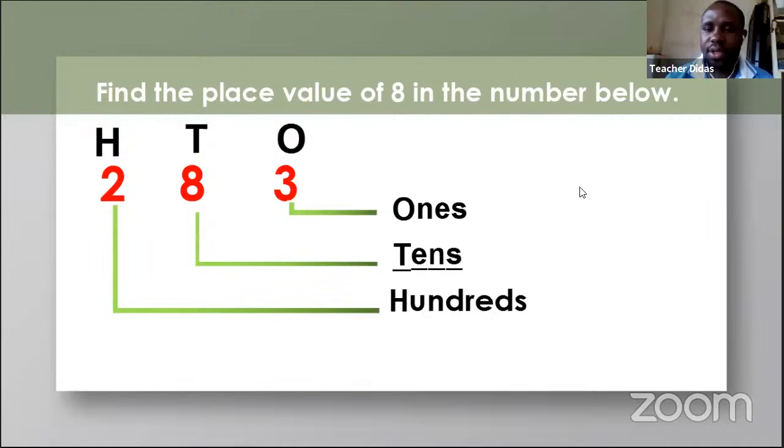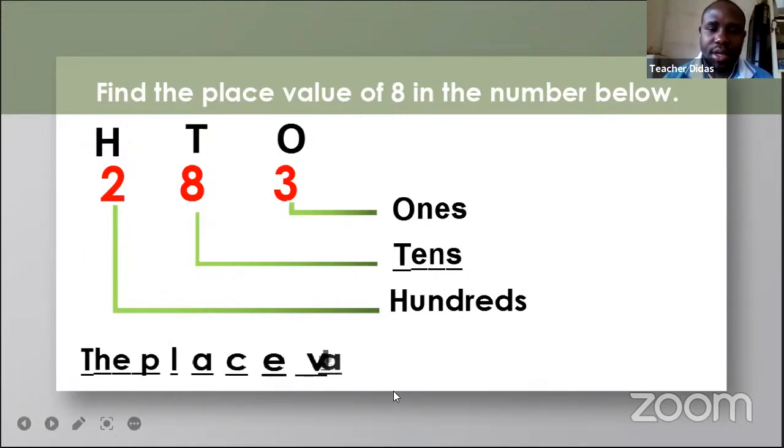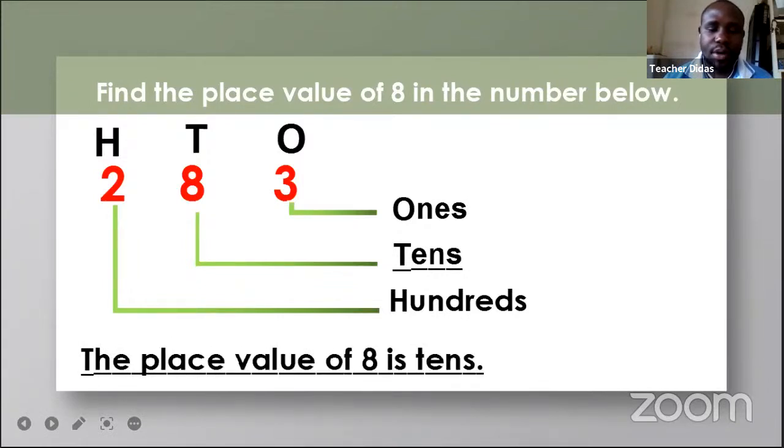Remember, I've said once you do like this, then you will not get the mark for your answer. You have to go on and look for the value of 8, and the value of 8 is tens.